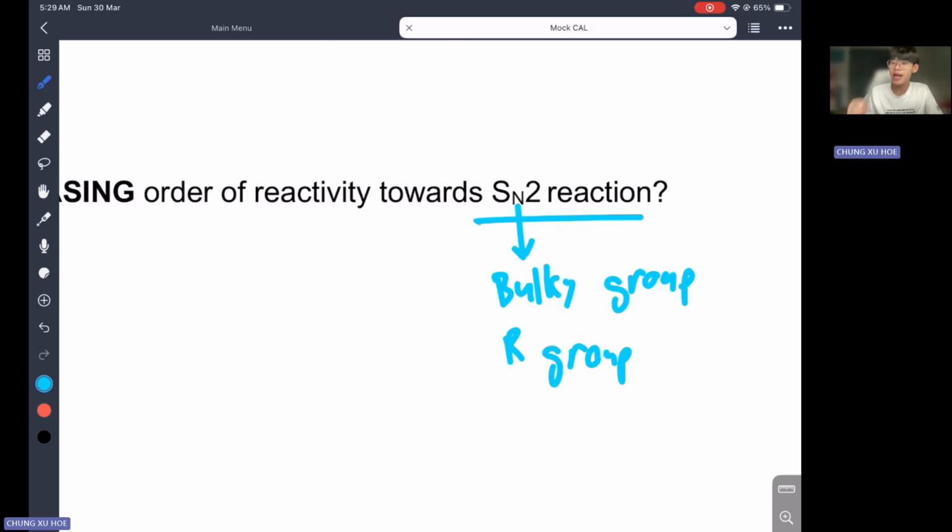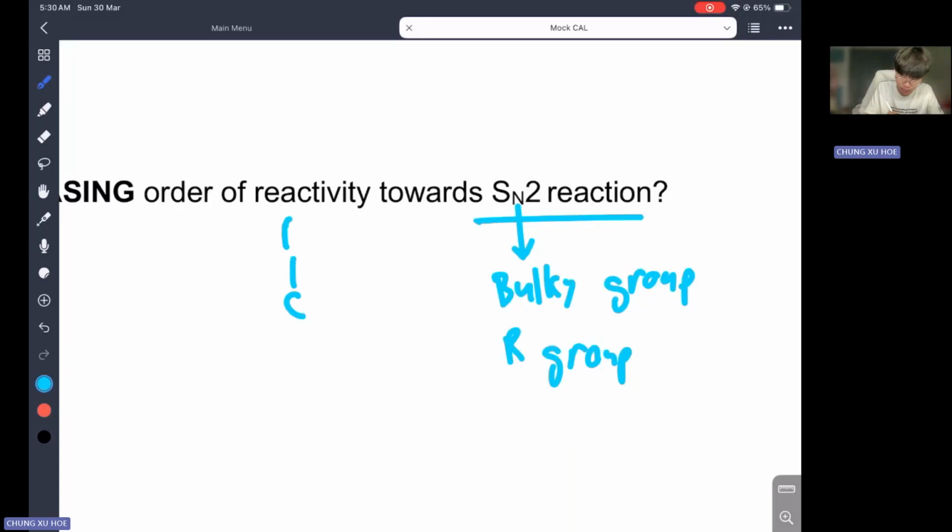When you have many alkyl groups, that means your carbon is surrounded by maybe 2 or 3, to form your tertiary, secondary halogenoalkane. We call those R groups, alkyl groups, the bulky groups surrounding the carbon.